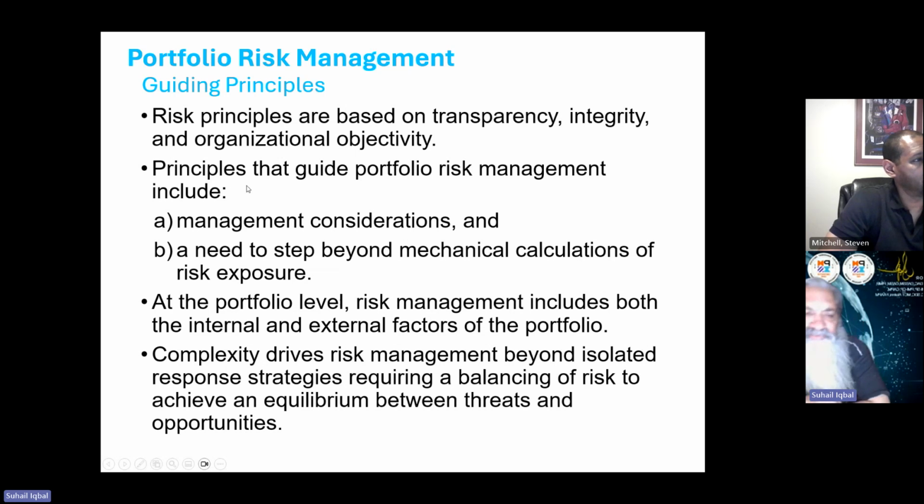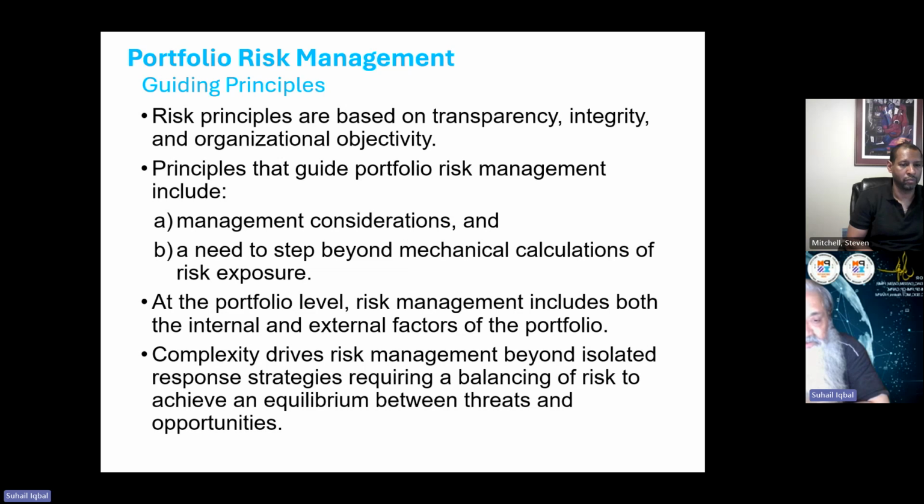Guiding principles, naturally, we do understand and agree that the same principles which are applicable to the portfolio are applicable to all of the knowledge areas. But again, the principles that guide portfolio risk management more would be those that talk about the management considerations and the need to step beyond mechanical calculation of risk exposure. As I said, at the portfolio level, risk management includes both internal and external factors.